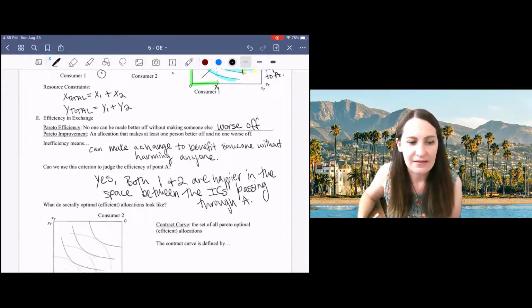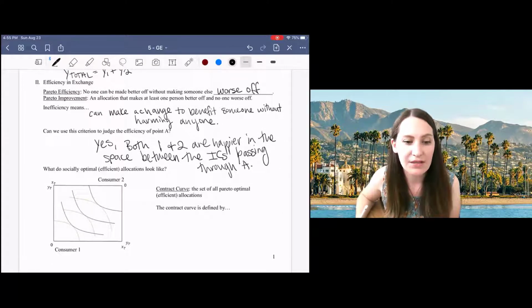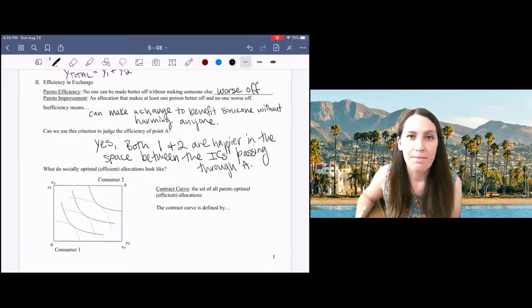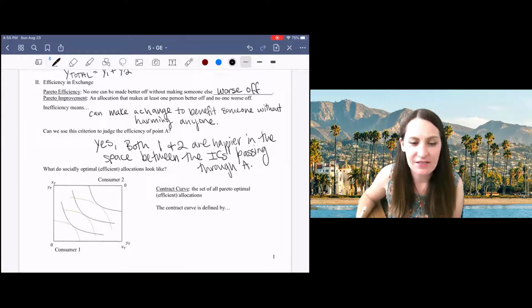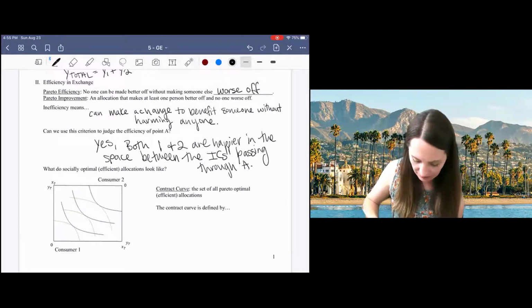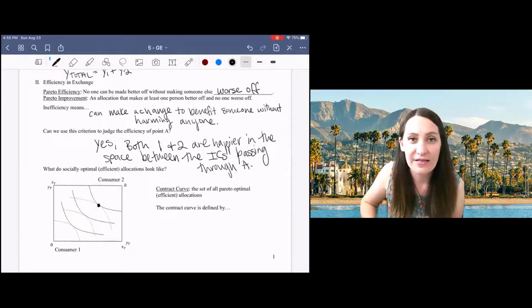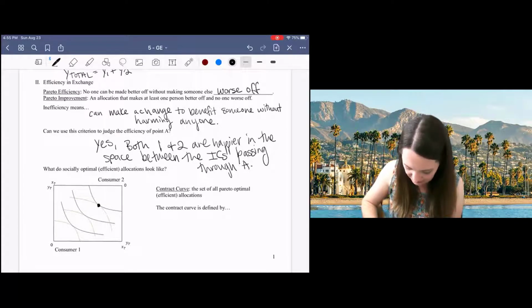And what that means is that an efficient outcome or a socially optimal outcome must not lie at the intersection of indifference curves. Rather, an efficient outcome will lie at the tangency of indifference curves. Unlike point A, this allocation has no potential Pareto improvements.